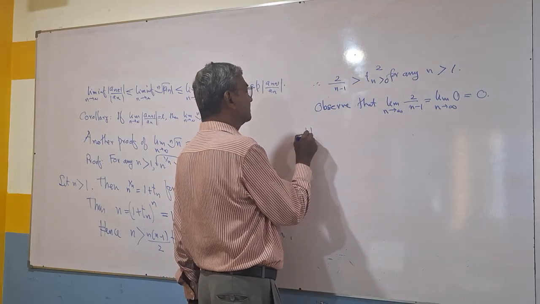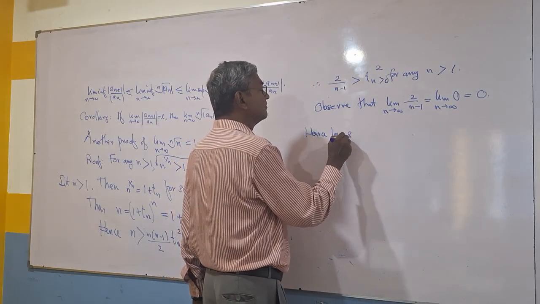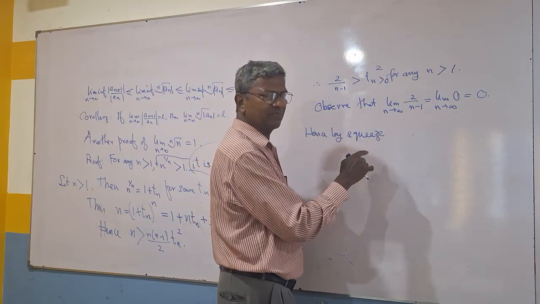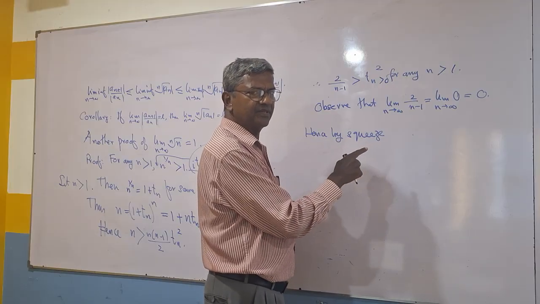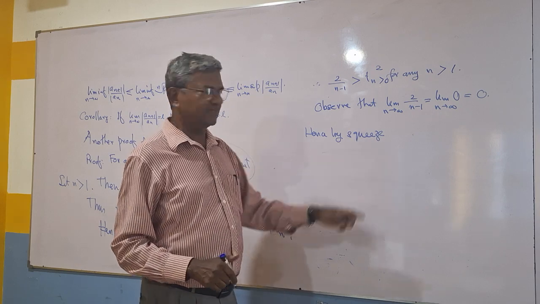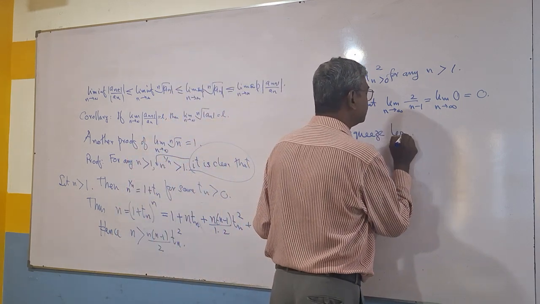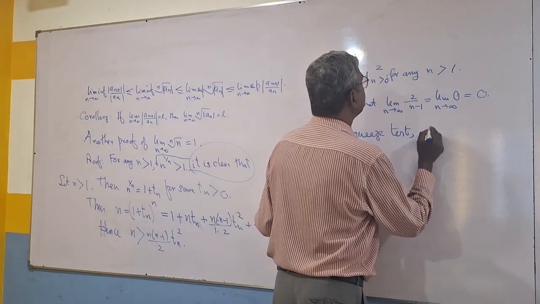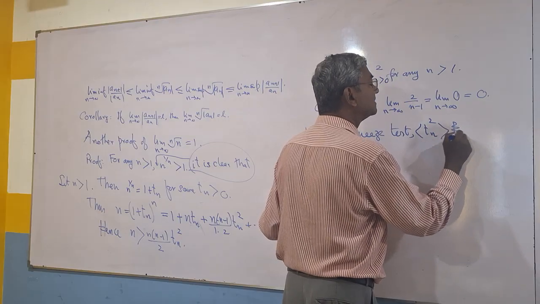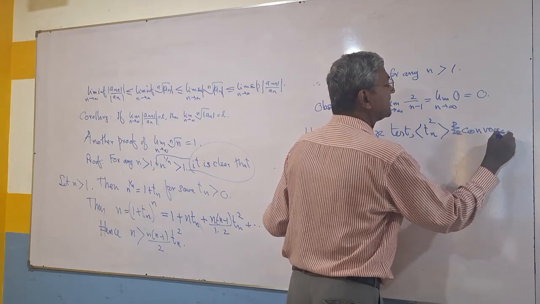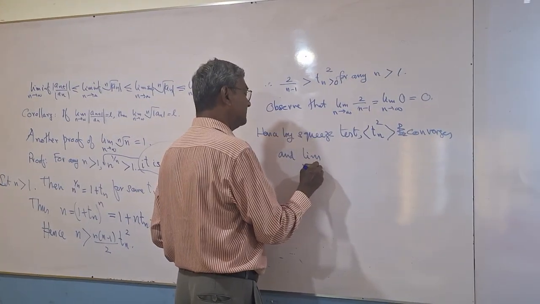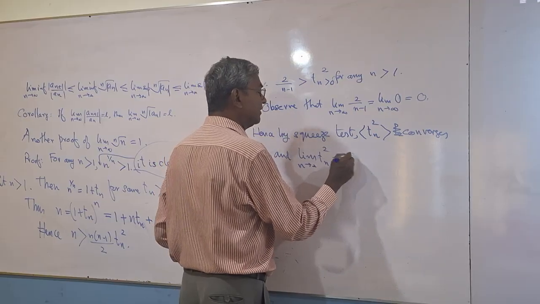Hence by the squeeze test, Tn squared converges and the limit as n tends to infinity of Tn squared is equal to 0.